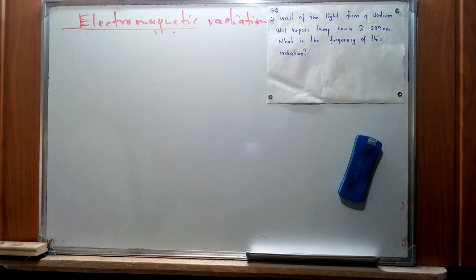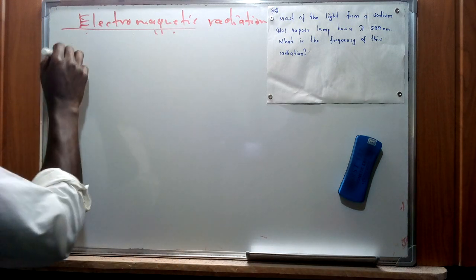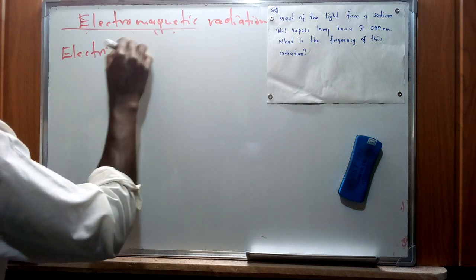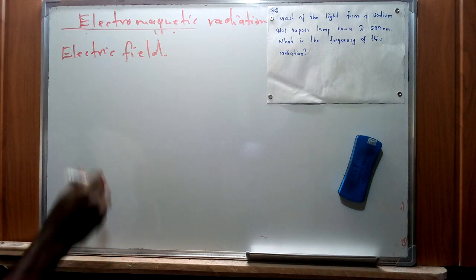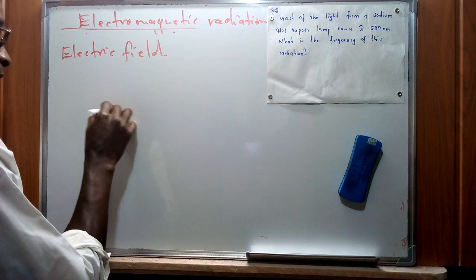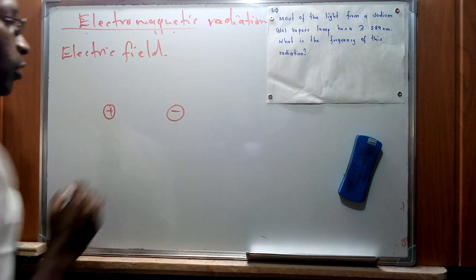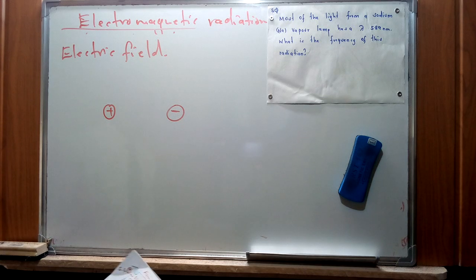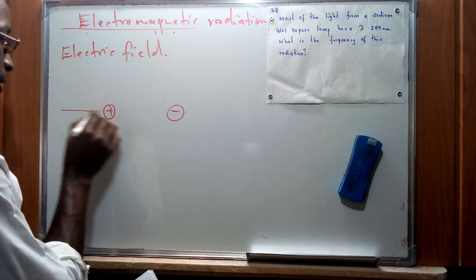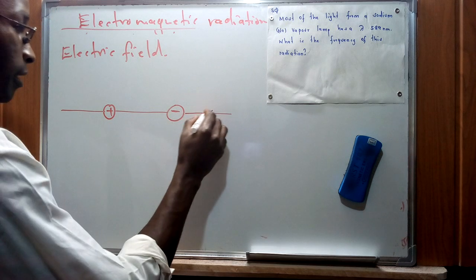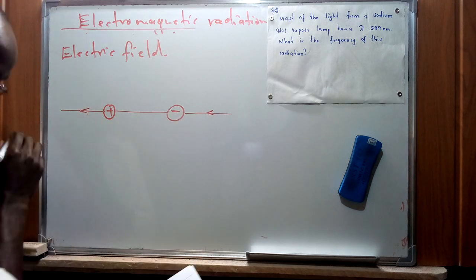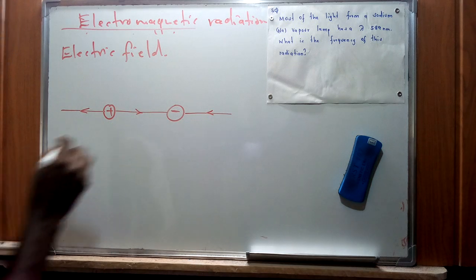So when we talk about an electric field, we refer to a region around an electrically charged object. Suppose I have two charges at those specific points, positive and negative, and assuming that those are the charges on an electrically charged object, we'll have a region in space consisting of those specific lines of force, which are going to indicate what we have called an electric field.